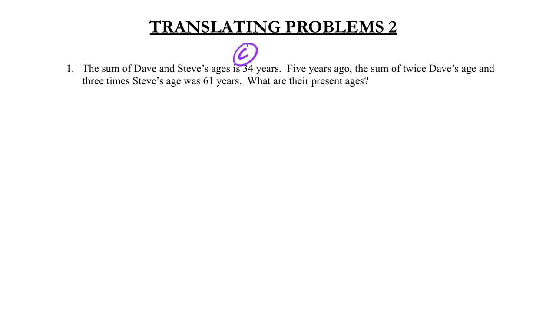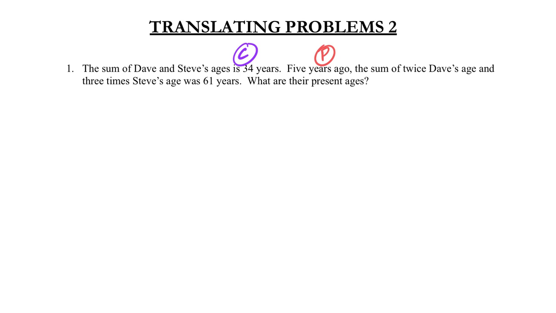Our current time period, that's the situation. But then the next sentence says 5 years ago, the sum of blah, blah, blah. You'll notice we're working in a different time period. 5 years ago, that was the past. So I'm just going to put a little P and circle it.